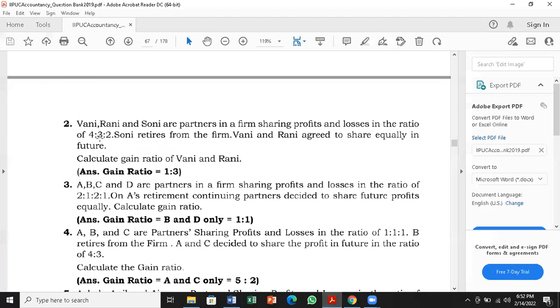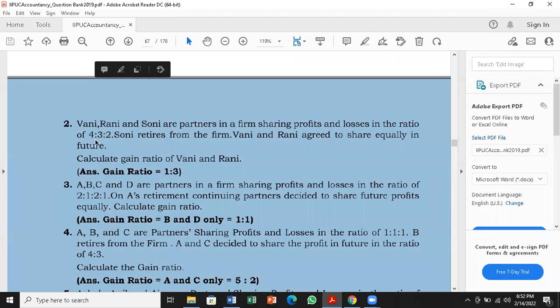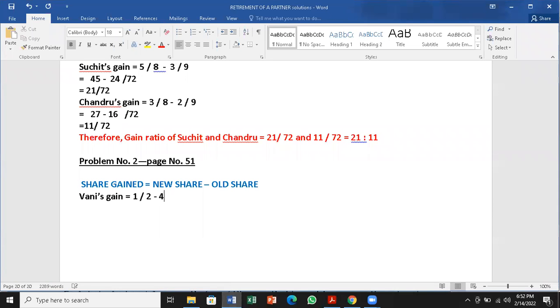Old share, check. Vani is the first person, Rani is the second person, Soni is the third person. Old ratio is 4:3:2. Add 4:3:2, that becomes 4 plus 3 plus 2 is equal to 9. So 4/9 for Vani. So let us go for LCM. 2 into 9, 18 for the numerator multiplication.